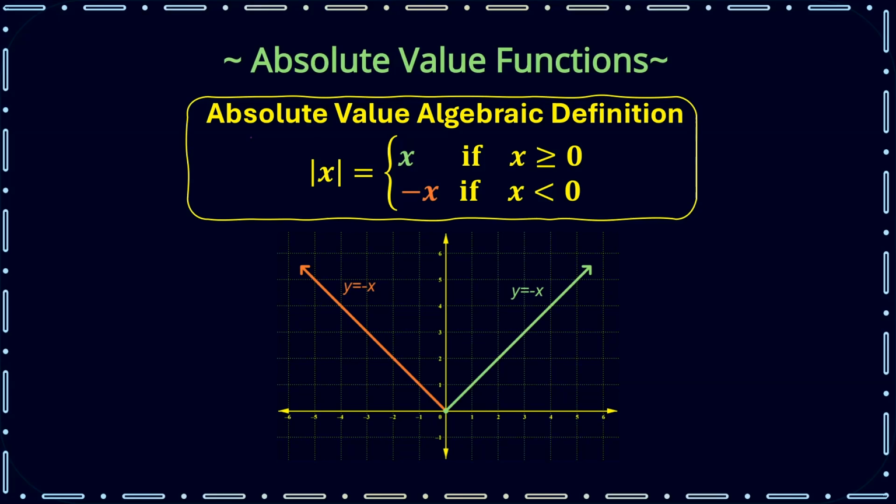Here we have an algebraic definition for absolute value of x. What you're seeing here is called a piecewise function. We have a function that is defined as two separate pieces, x and negative x. Each piece is on a specific interval.